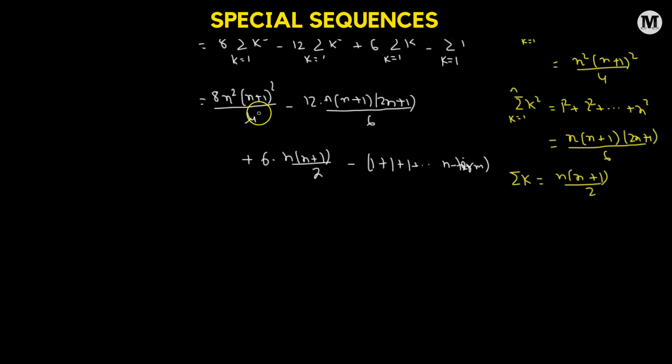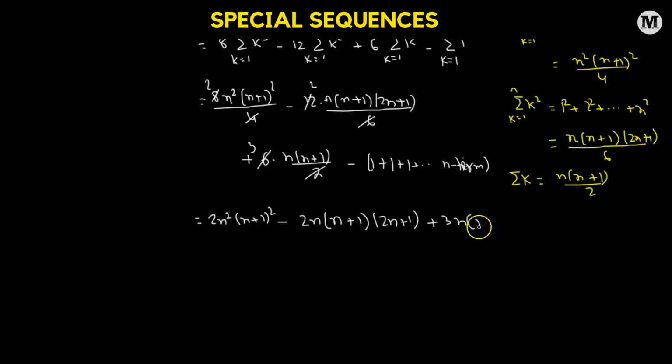So now we have 4 times 2, that's 8. So this gives us 2n squared multiplied to n plus 1 whole squared, minus the 6 times 2, that's 12, so we have 2n multiplied to n plus 1 times 2n plus 1. Next we have 2 times 3, that's 6, so we get 3n multiplied to n plus 1, minus the 1 plus 1 plus 1, that's happening n number of times, that's simply n.